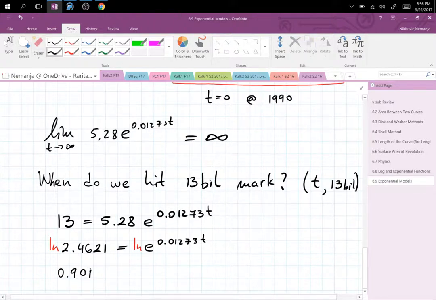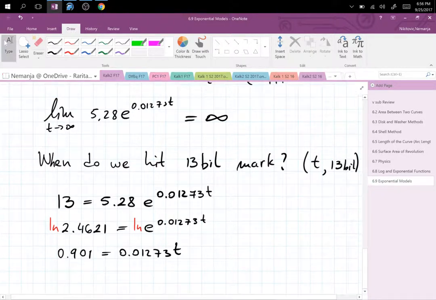So just 1 equal to 0.01273 t. Divide this by 0.01273 to obtain 70.8.